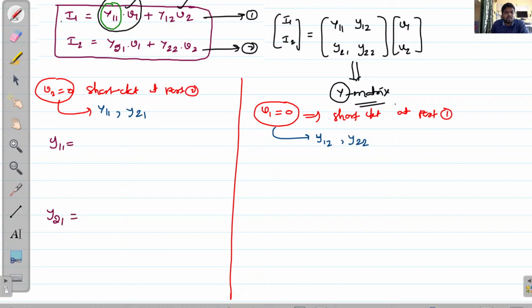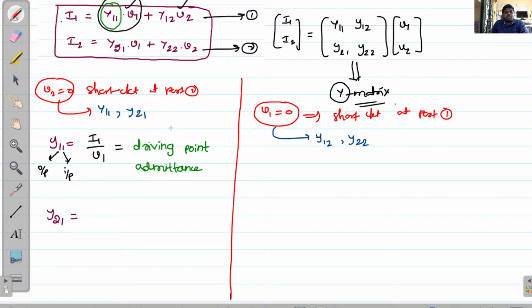Now you can tell me what is Y11. I1 by V1. I already told you this one represents output and this one represents input to output transmission. That means 1 to 1 is what we can consider as driving point admittance. I by V, where V by I is impedance, but here we have I by V, so we call it admittance, driving point admittance.